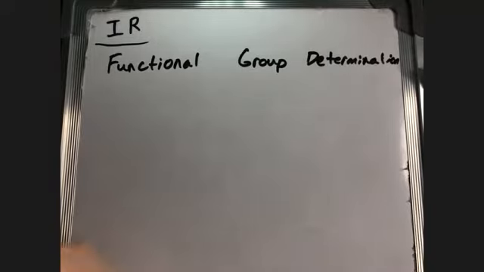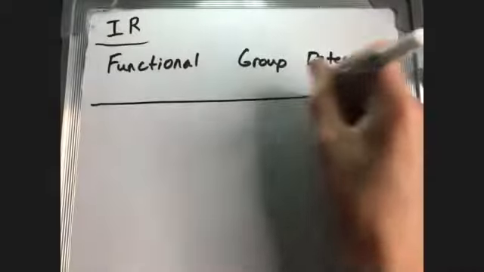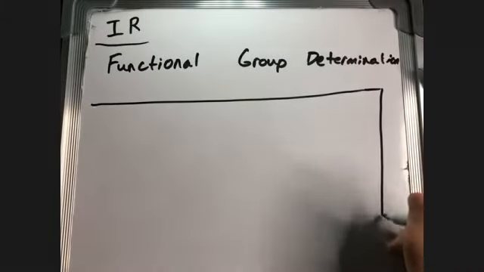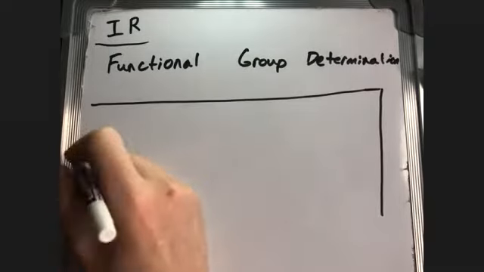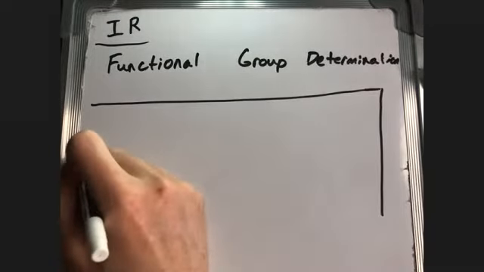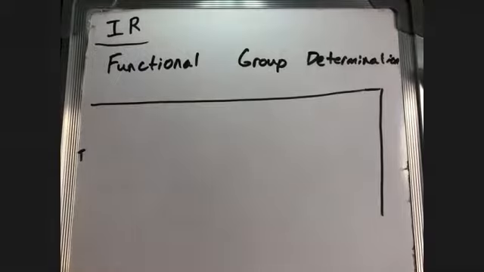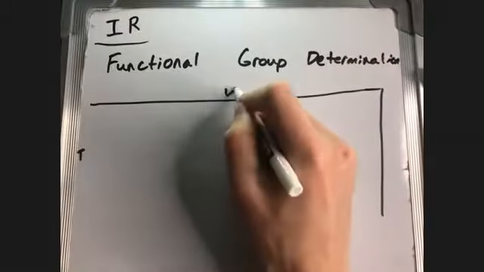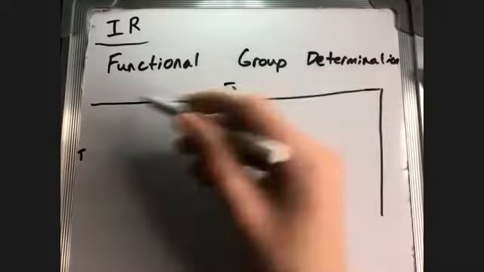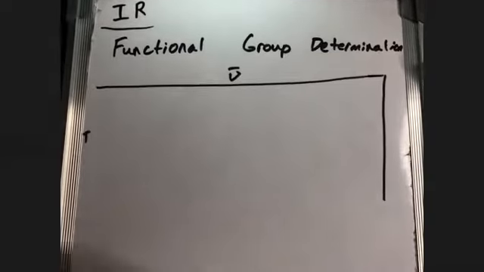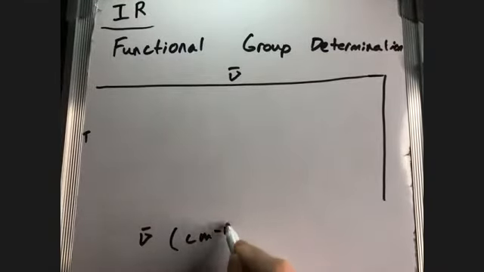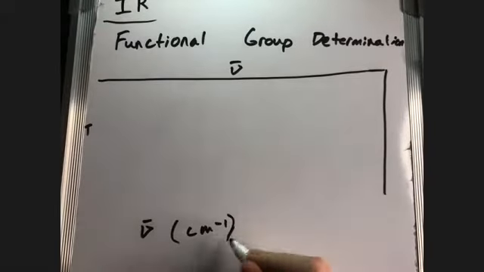So how an IR looks is it's drawn like in this drawing here, where you have transmittance on this axis, and it's expressed in wave numbers. So you have wave numbers on this axis, which increases going to the left. First of all, something I should mention, a wave number is inverse centimeter, and it's related to the wavelength.